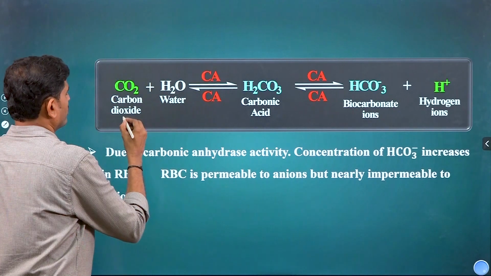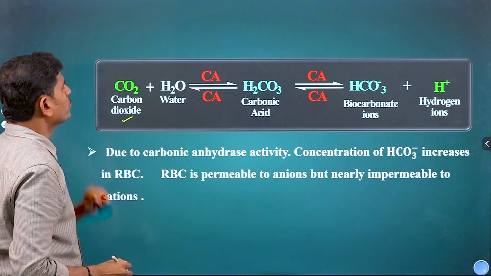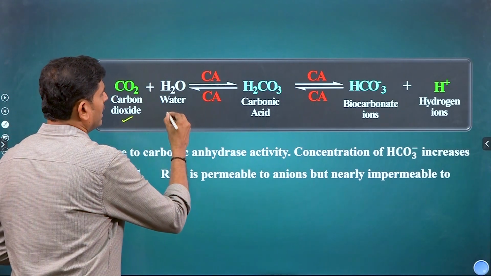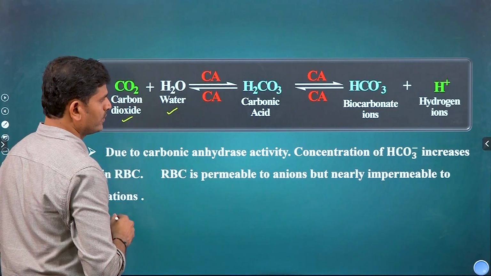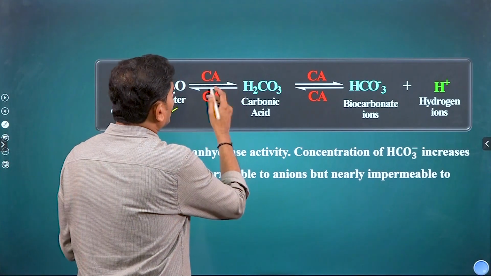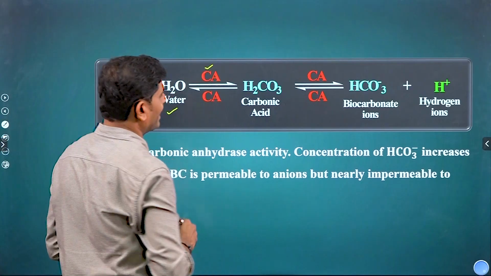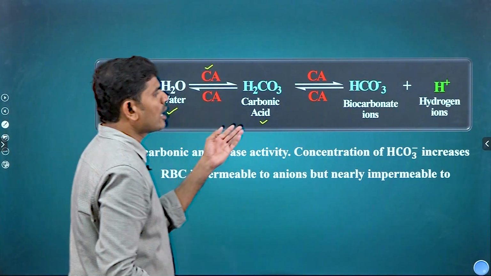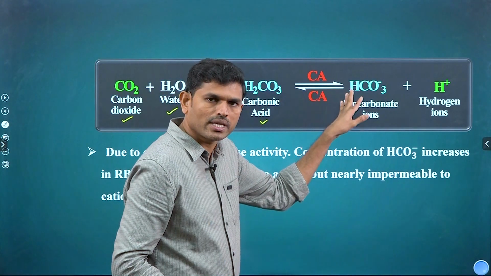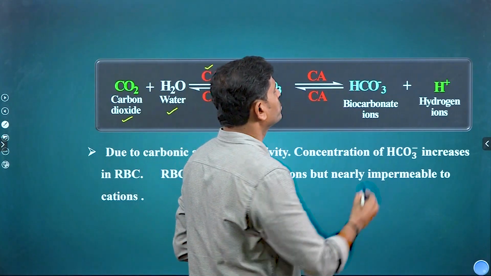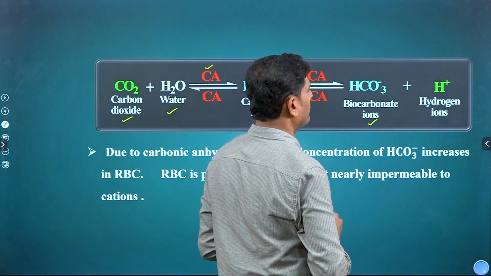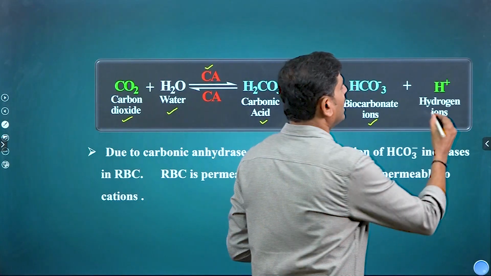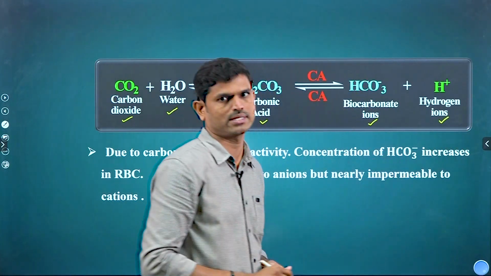Now here the condition will be CO2, carbon dioxide, is able to dissolve in water. This reaction will be catalyzed by the enzyme carbonic anhydrase and forms carbonic acid. This carbonic acid, in presence of the same enzyme, immediately divides into bicarbonate ions and hydrogen ions.